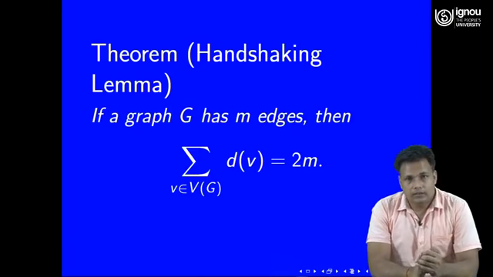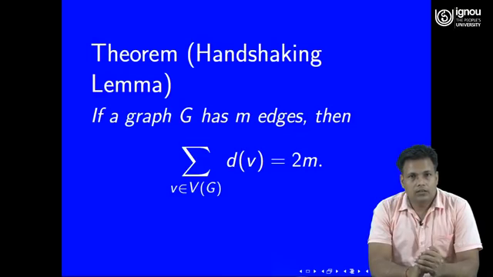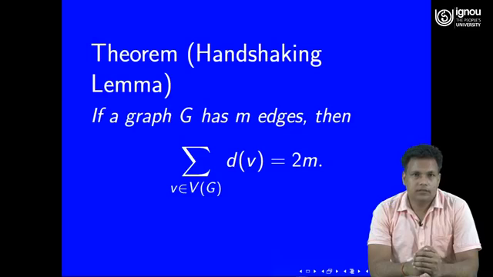Now there is a very interesting result related to degrees of a graph and the number of edges it has, and it is often known as the handshaking lemma. In fact, it is one of the fundamental results concerning graphs.